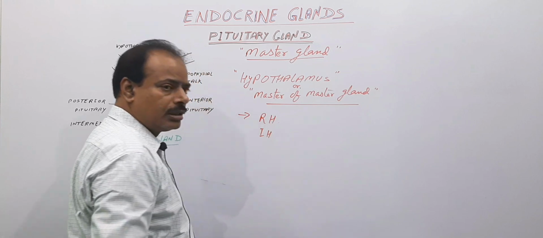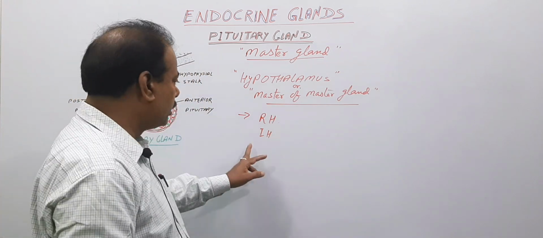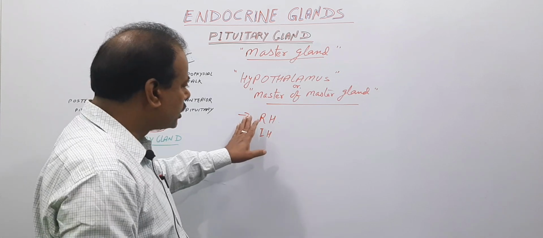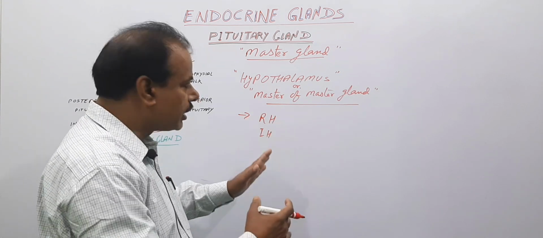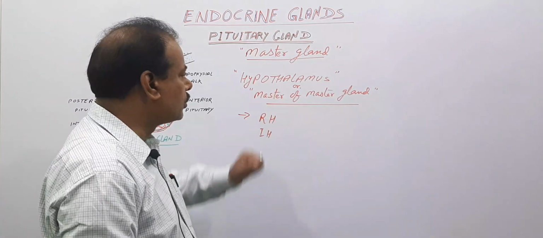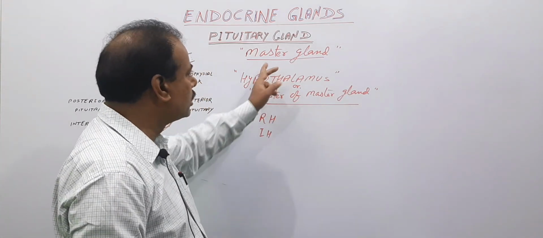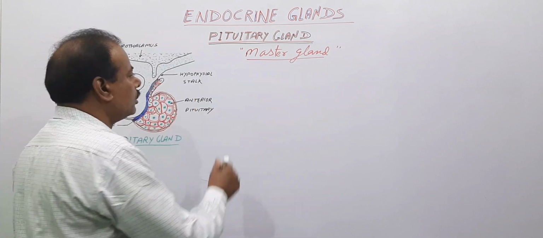Here RH means releasing hormone and IH means inhibiting hormone. So by the secretion of these two different types of hormones, the hypothalamus controls activities of the master gland, meaning the pituitary gland.